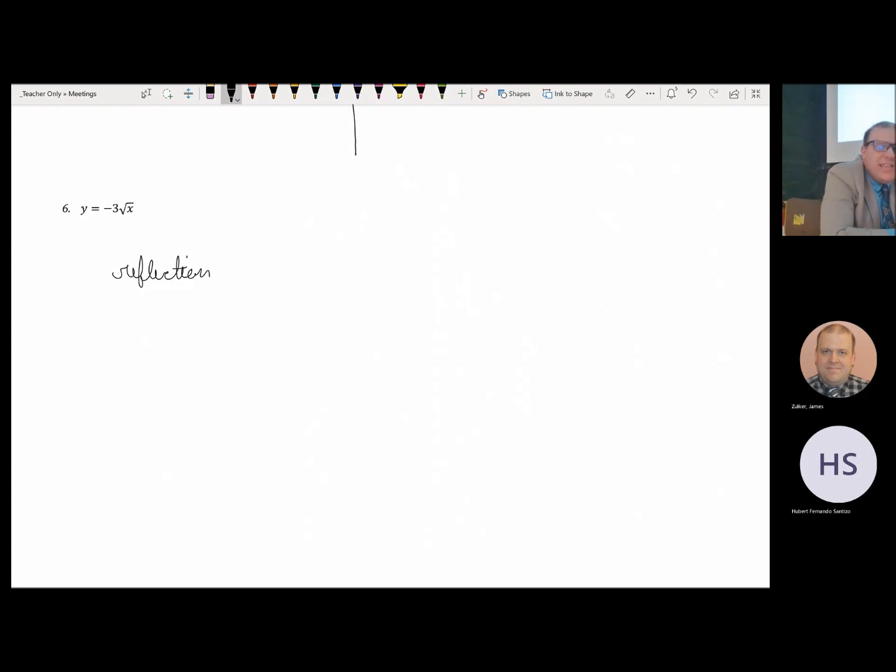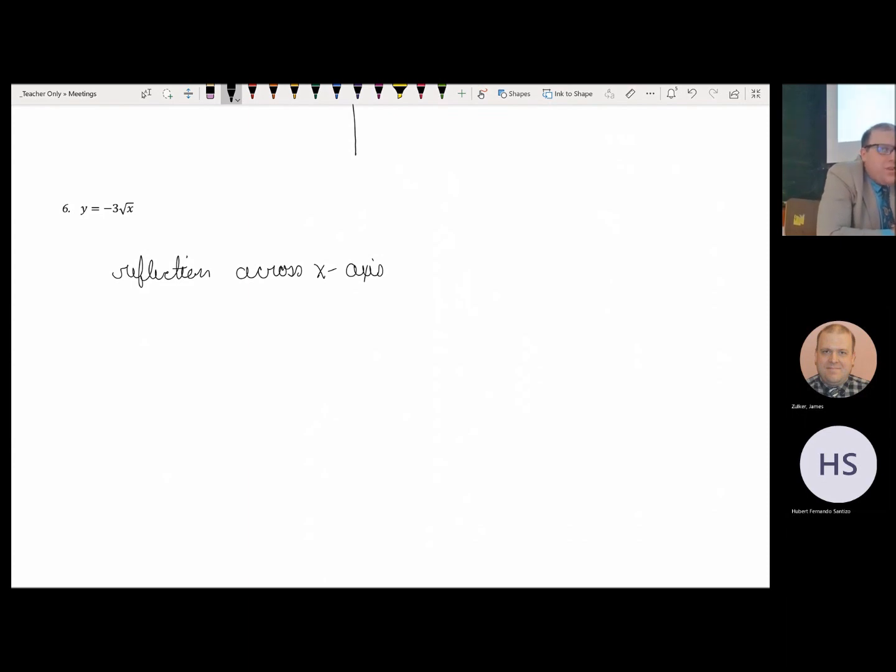Right, so range originally is what? It's also 0 to infinity, isn't it? For the range of square root of x. Negative means range is now negative infinity to 0. So reflection across the x-axis.